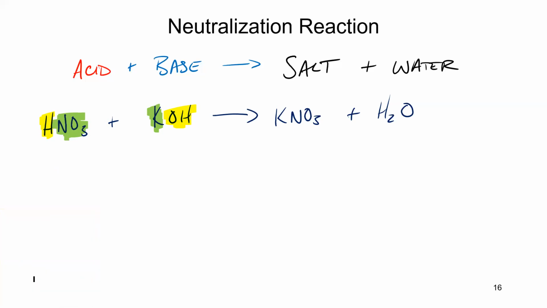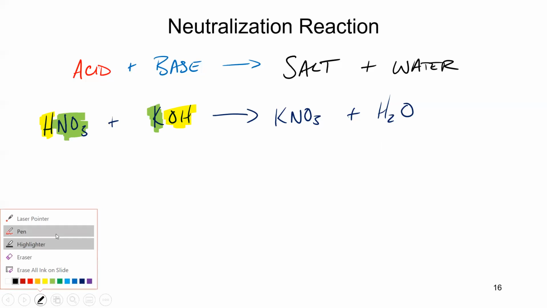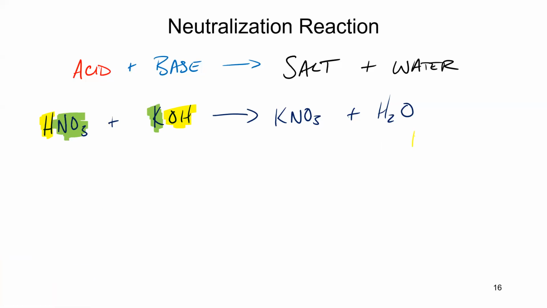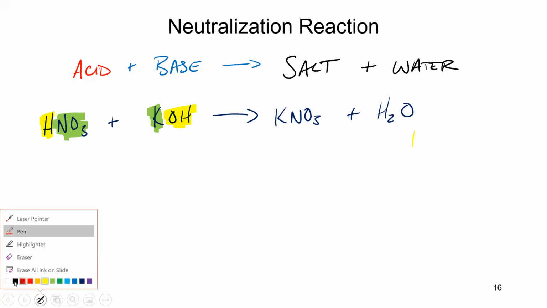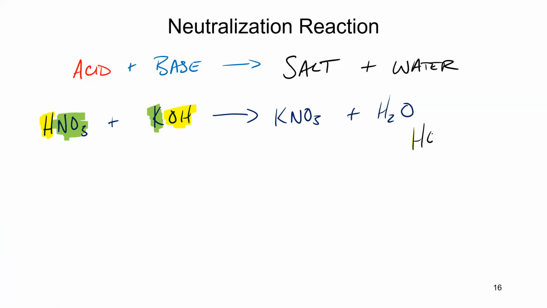There are times, and acid base is one of them, where it's okay to think about water as HOH, right? That's H2O, but it's sort of easier to see where those come from if you leave it as an H from the acid and an OH from the base. Right? So if you want to write your water like that in acid-base reactions, that is A-OK.